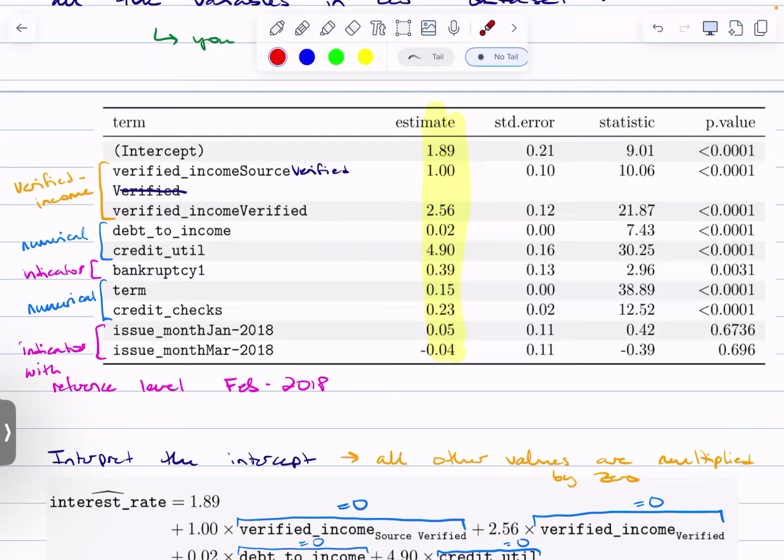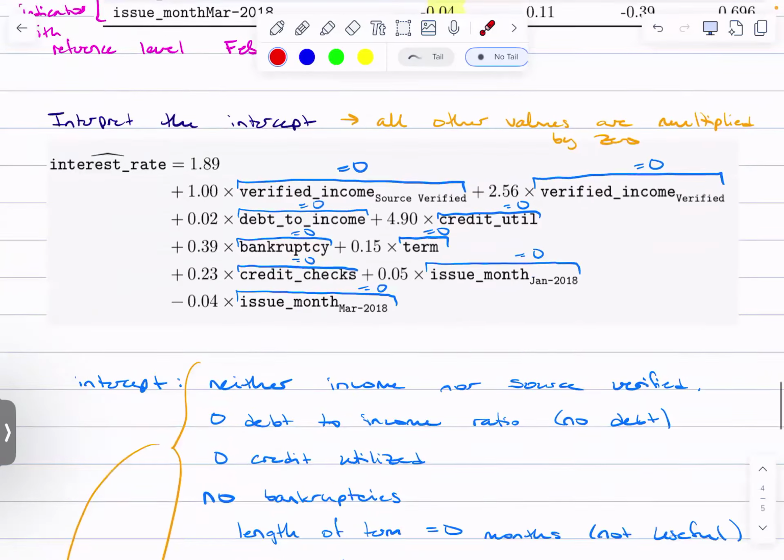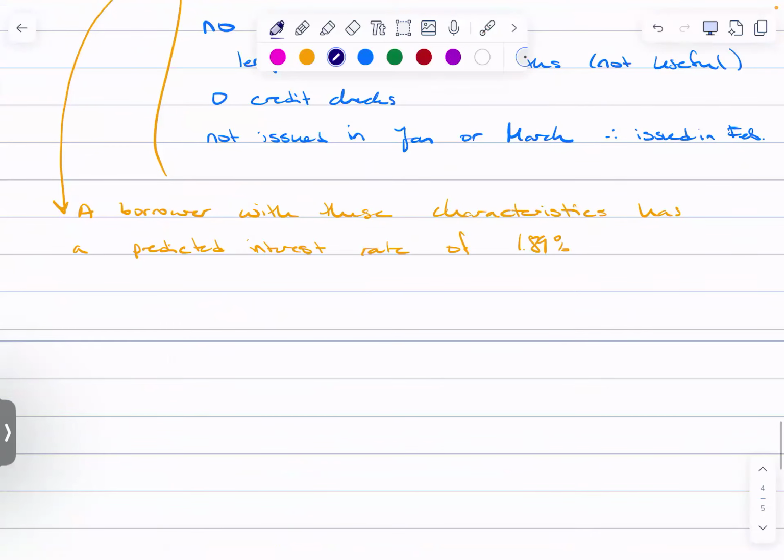Okay. And so then how we interpret these estimates, and let me write that down first.